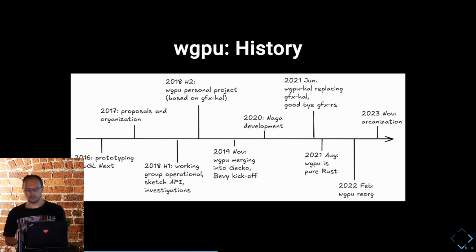In 2022, I left Mozilla and stopped participating in the project. Fortunately, it was picked up by Connor Fitzgerald, who is the creator of Rend3, and the rest of the community. So the project lives and prospers. And semi-recently, a year ago, they landed a big change in the architecture, which is called arcanization, which basically means that instead of locking those whole storages, like all textures, all buffers, they are now locking individual textures, individual buffers.